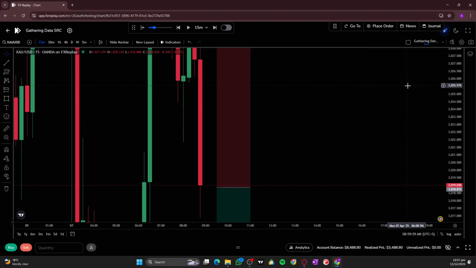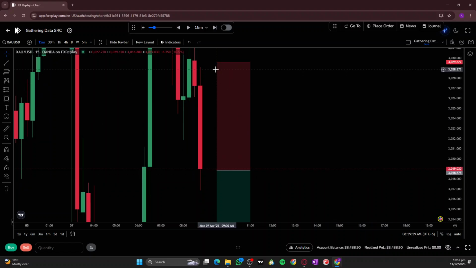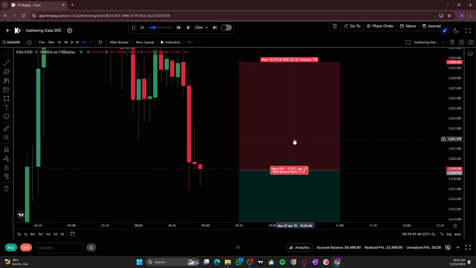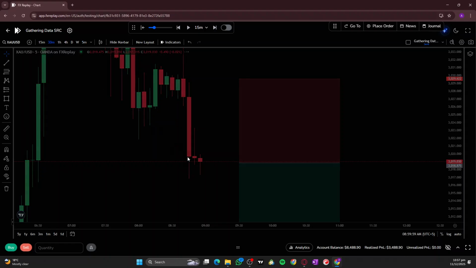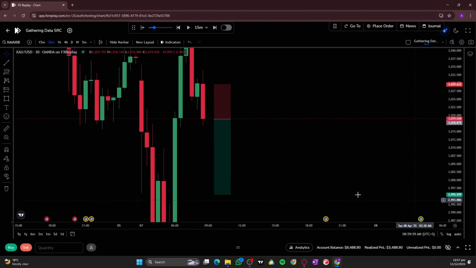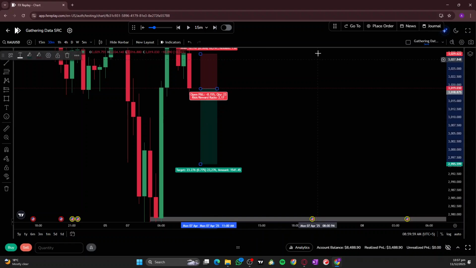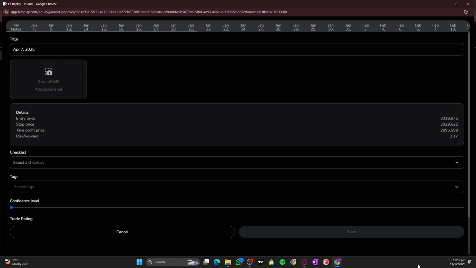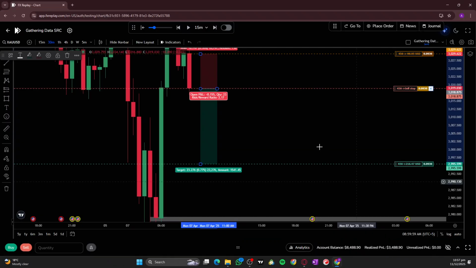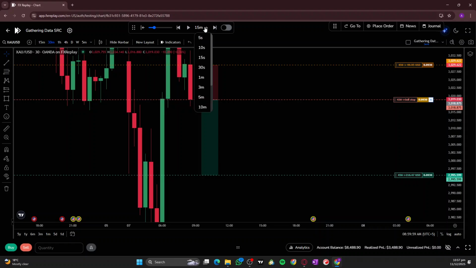It's a very big candle. How am I gonna trade on this candle? Let's just place the trade and let's see. Man, the thing is that candles have started to form huge.